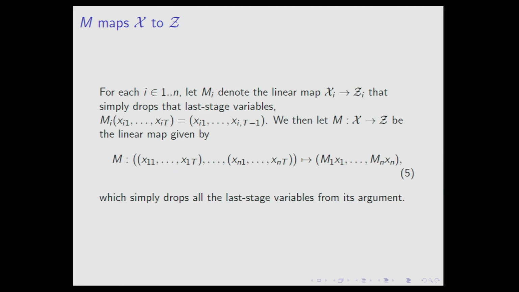So we have an operator to get us from X's to Z's. So the leaf node decisions don't need to be projected, but all the other decisions do need to be projected. So we're going to have this M that gets us from X to Z. And basically this operator, if you're a computer programmer, just drops the last stage decisions.